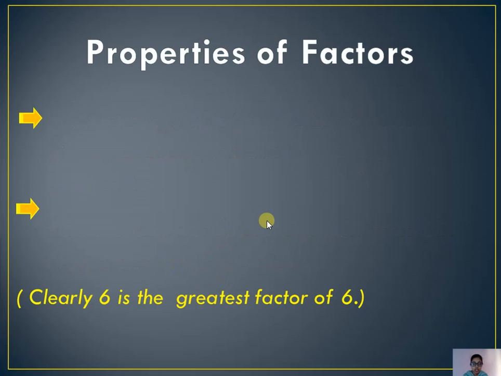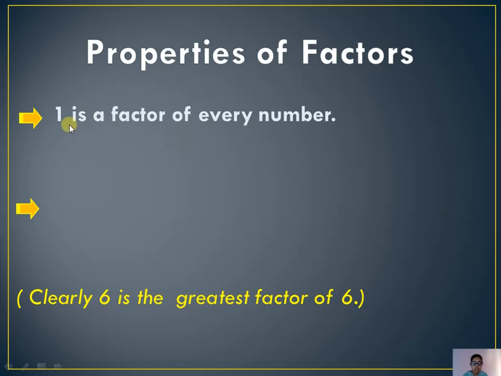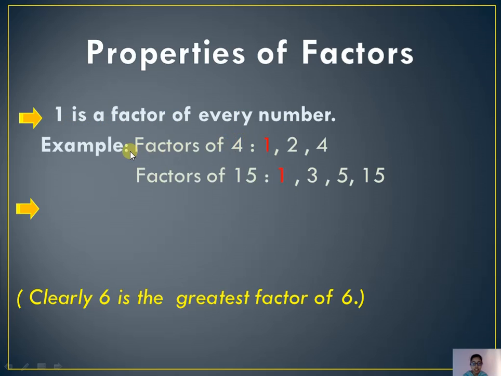Now let us discuss properties of factors. First property is 1 is a factor of every number. Let us understand this through an example. Factors of 4 are 1, 2 and 4.